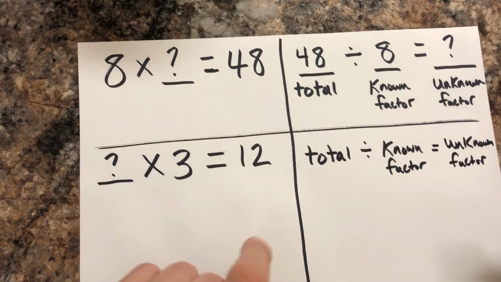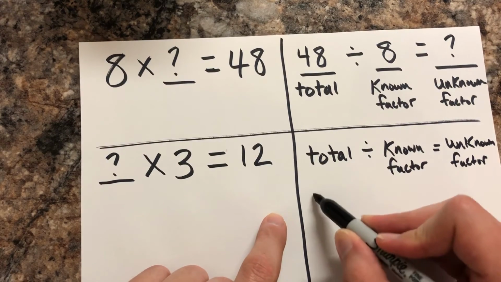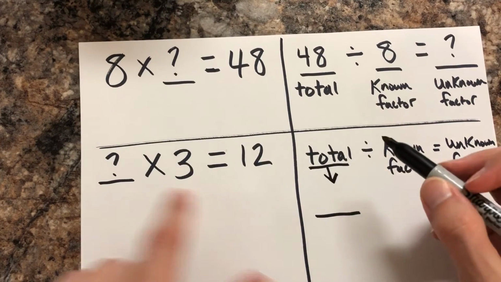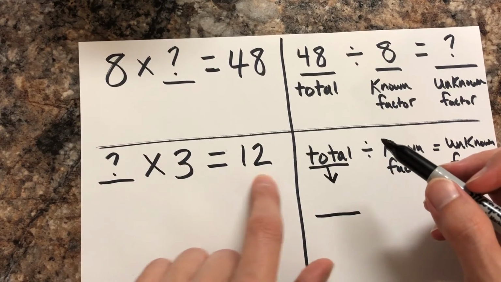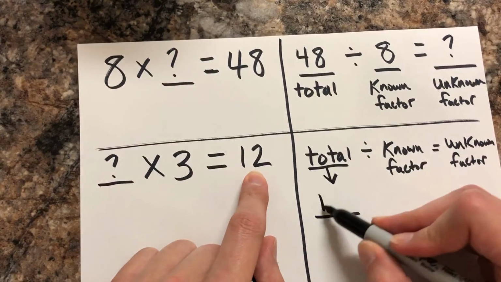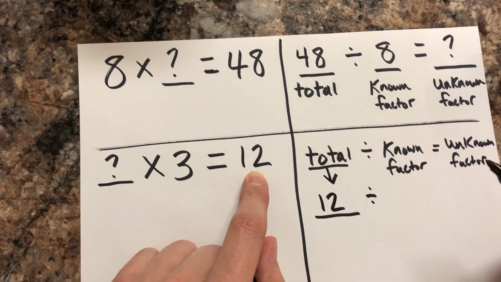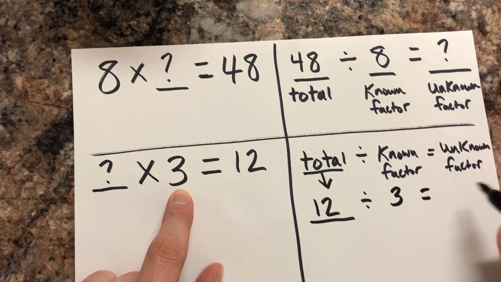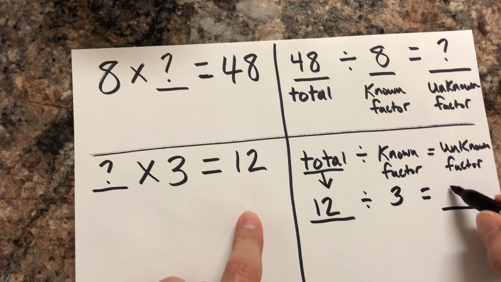Okay, well, which one is the total? Which one of these numbers tells me the total? That's right, the 12 does. 12 divided by my known factor. What's my known factor? The 3 equals the unknown factor, question mark.